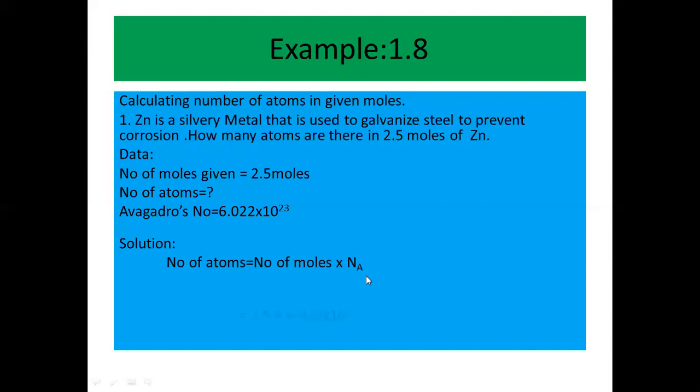The number of moles are 2.5. Avogadro's number is 6.022 into 10 raised to power 23. By multiplying these values, we will get the answer 1.5055 into 10 raised to power 24 atoms. So as in this case, number of moles are given and they ask about the number of atoms, so we will use this formula: number of atoms is equal to number of moles into Avogadro's number.